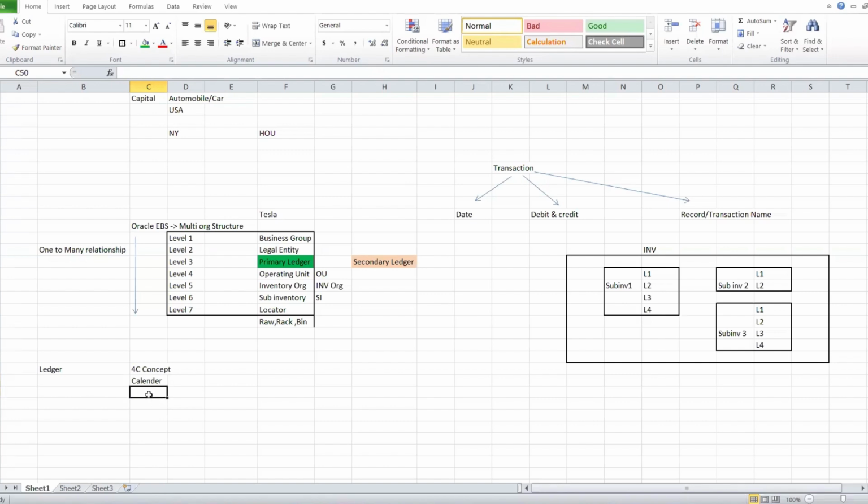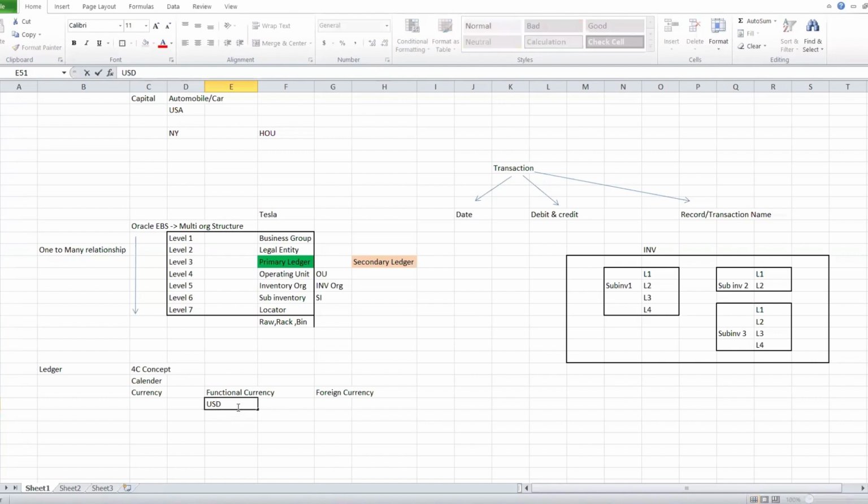Next thing is the currency. In the currency, there are two concepts. One is the functional currency, and one is the foreign currency. In business, suppose you set it up in USD.